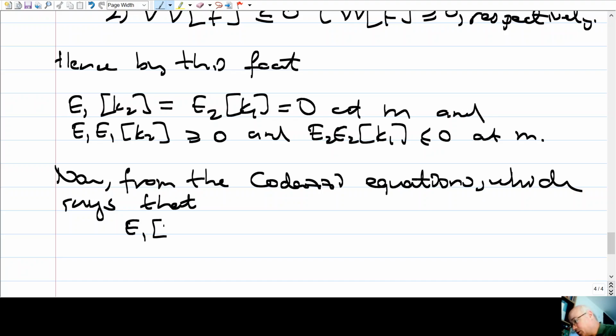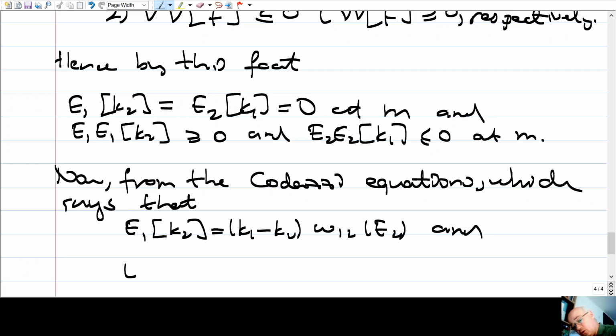There are two equations. E1 of K2 was K1 minus K2, and then omega 1 2 of E2, and the second equation, E2 of K1 is K1 minus K2, omega 1 2 this time of E1.